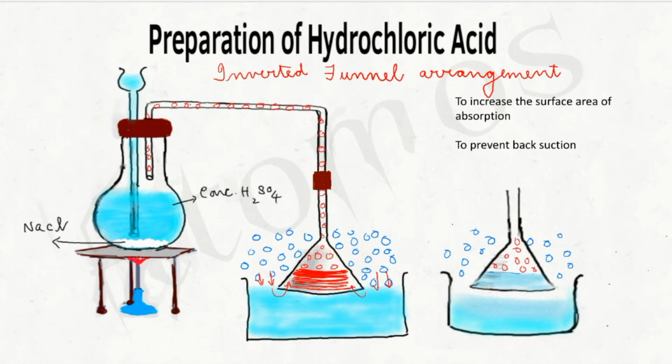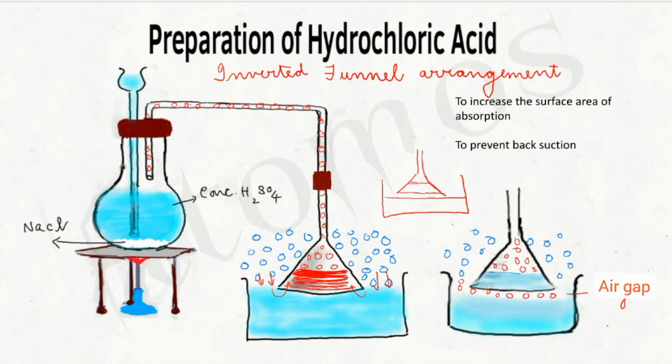Also, we should note that we have arranged the funnel in such a way that it is just touching the surface of the water, right? Once some amount of water is sucked in by the vacuum present inside the funnel, there is an air gap created between the water level and the funnel. So here also the pressure will be the same as atmospheric pressure.